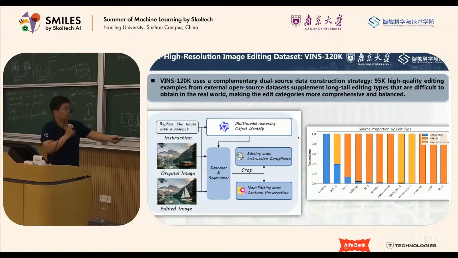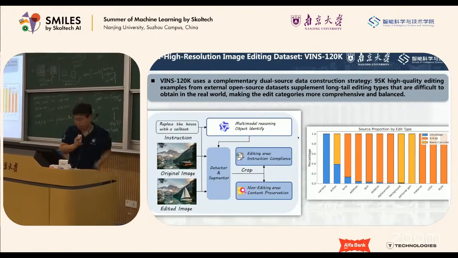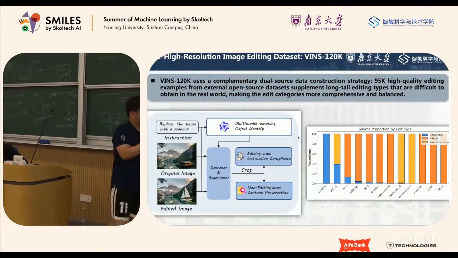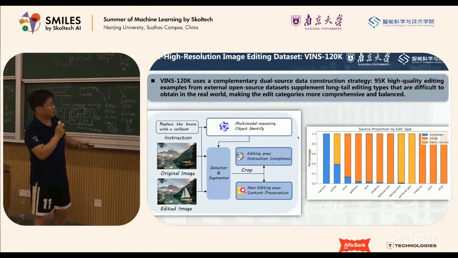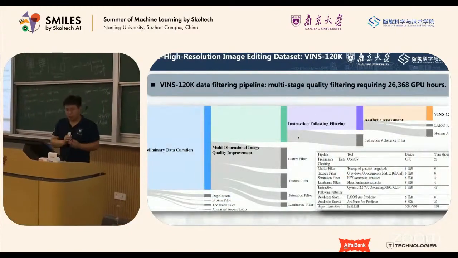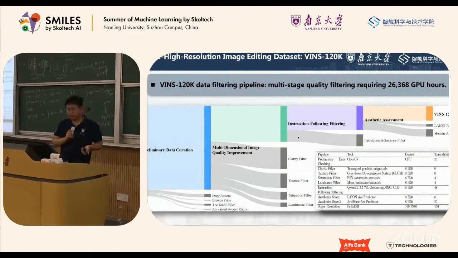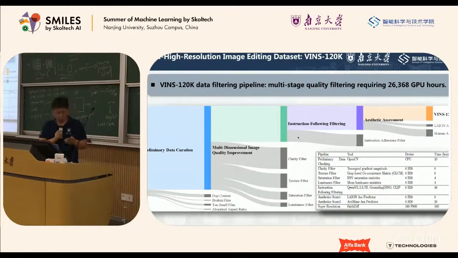Here is the pipeline for the data from the second source. And the right figure explains how different sources contribute to different editing types, like different cameras, actions, tone, edition, text. So the high quality data are not obtained by a simple aggregation.